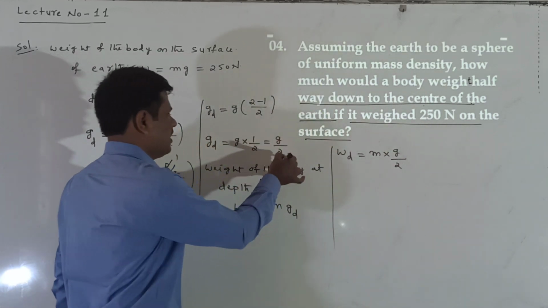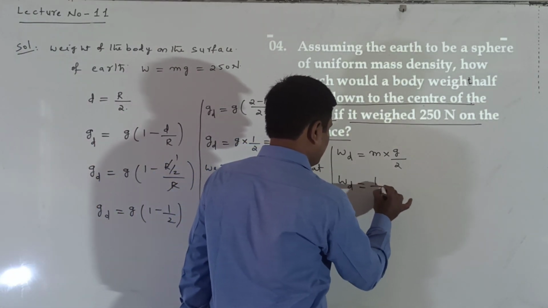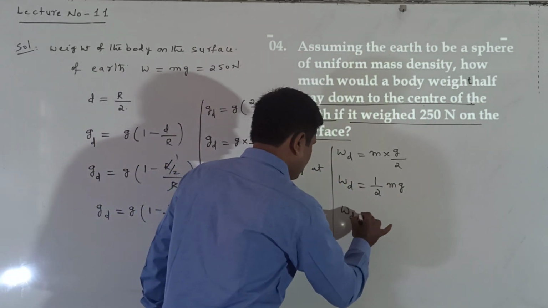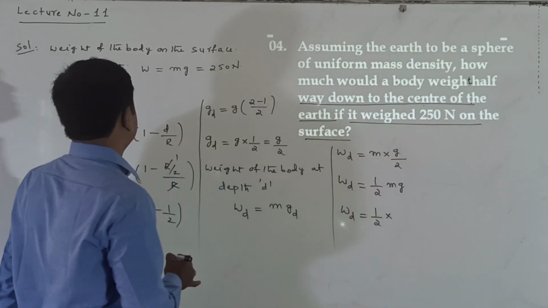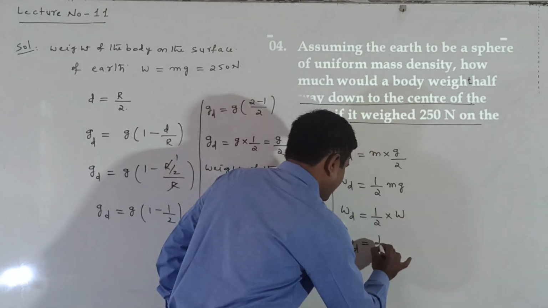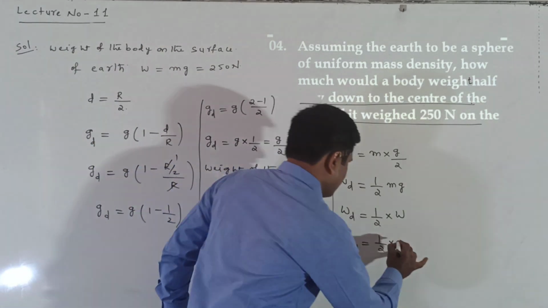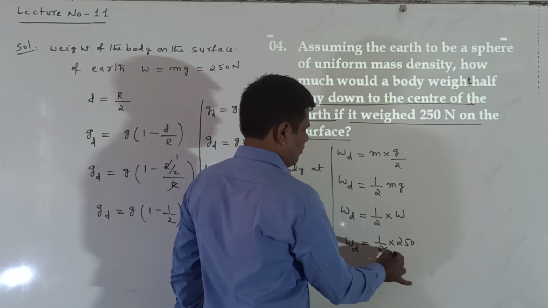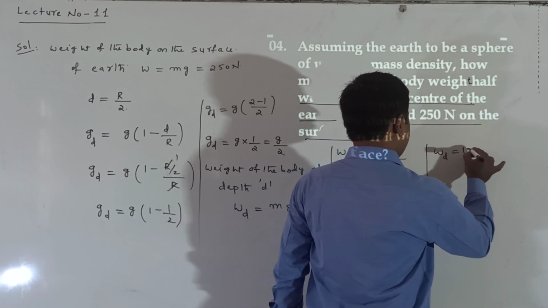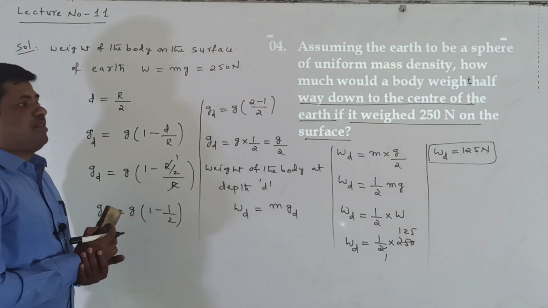GD is g by 2, so WD is equal to 1 by 2 into mg. Mg is equal to W, so WD is equal to 1 by 2 into W. W is equal to 250, so 2 125s are 250. So WD is equal to 125 newtons.